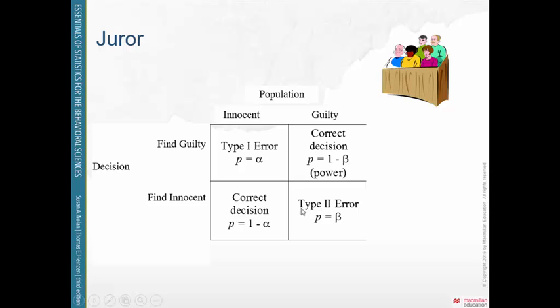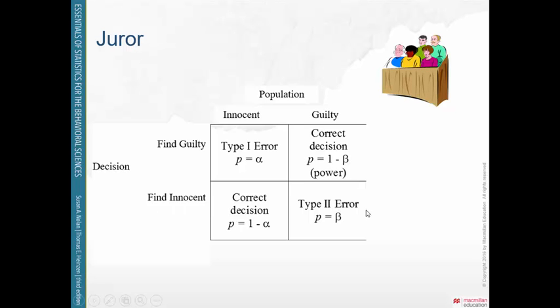And we've heard these cases before, and sometimes if it's a case in the news and you're sure this person is guilty, and yet they go free, we're all thinking, why? Well, perhaps because that evidence did not reach that criteria of beyond a reasonable doubt, and the jury has no choice but to find that person innocent.